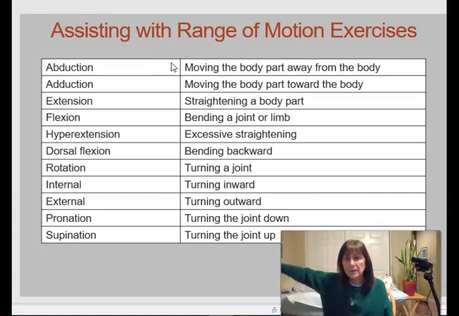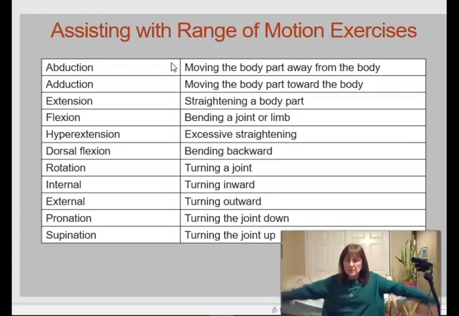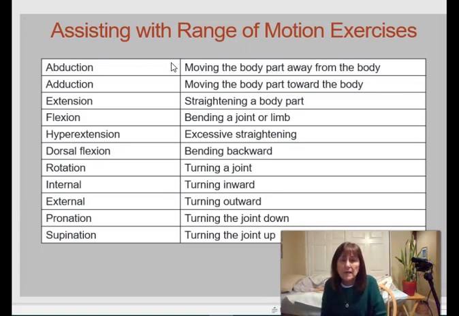There are also other names, and at this point you don't need to know them, for how you're moving things. Abducting the arm would be taking the arm away from mid body, just like if you abduct a child, they're taken away. Adduct is when we bring things close together, like we're adding together. Extension, flexion, hyperextension would be like trying to get it even more straight than it usually goes.